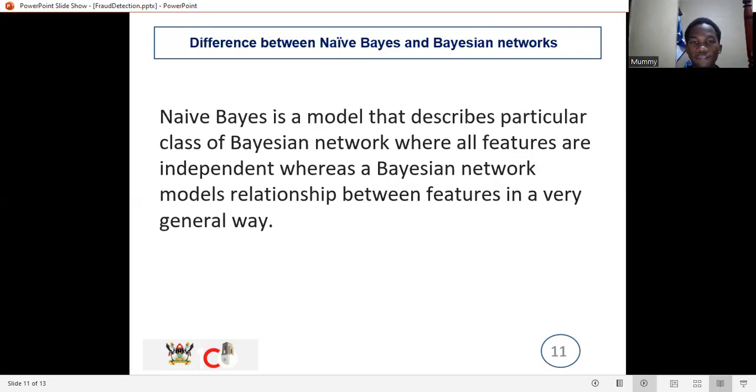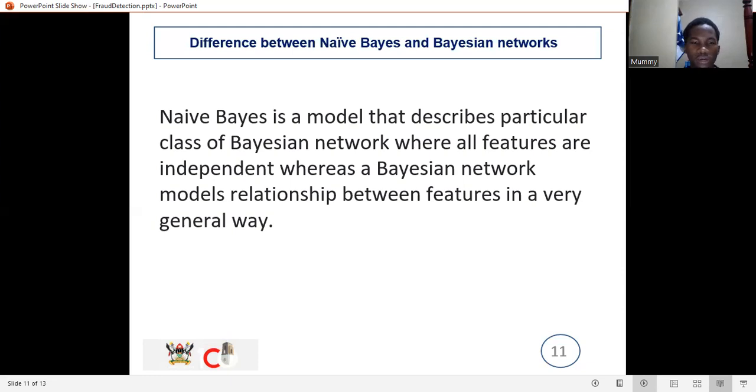The difference between naive Bayes theorem and Bayesian networks. Naive Bayes is a model that describes a particular class of Bayesian network, where all features are independent, as I've said in the slide before, where naive Bayes has all features independent.